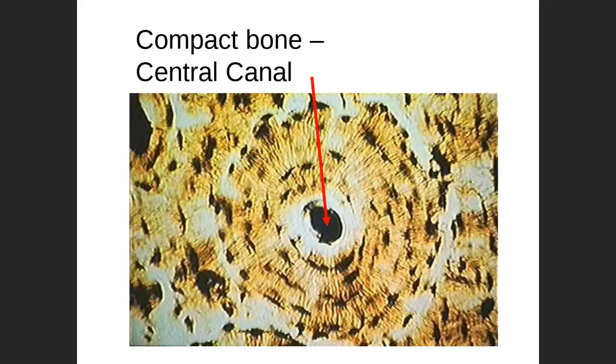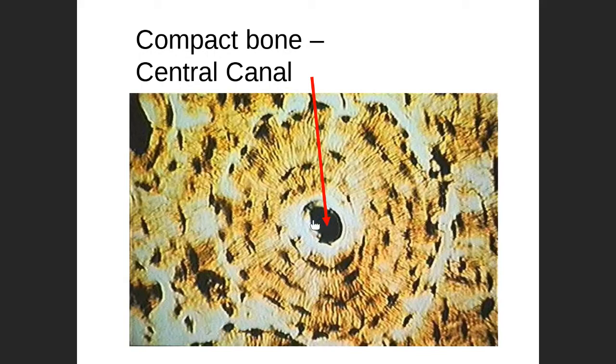At the center of our osteon, like I was mentioning before, you've got this black circular structure here, and that black circular structure is called the central canal. And in the central canal, we have nerves and blood vessels, because we have to get those nutrients to the bone and throughout the bone.